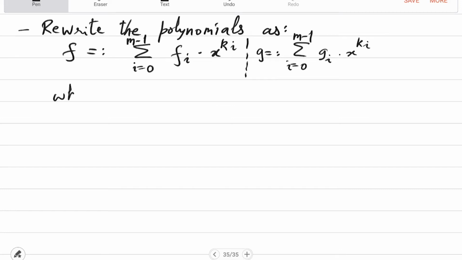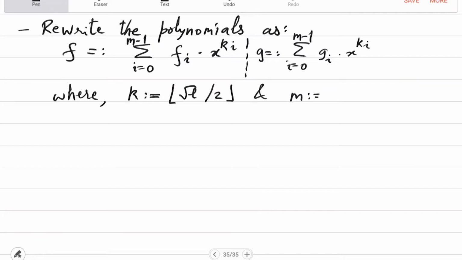Where you take k to be square root L. So to be precise, let's take floor of square root L by 2. And whatever k is, m will be around L over k.